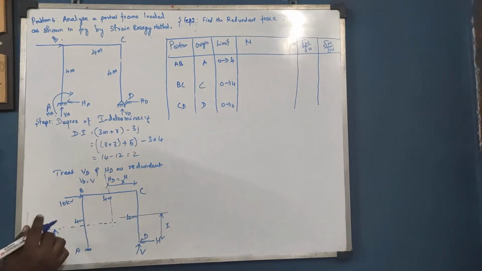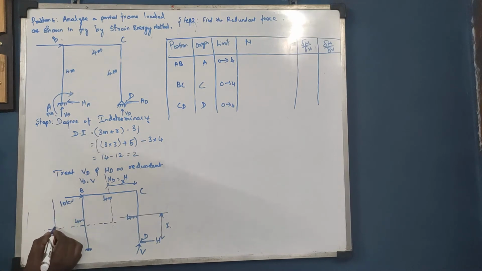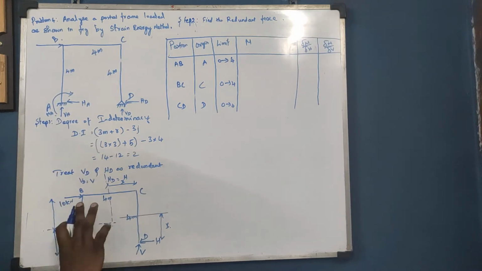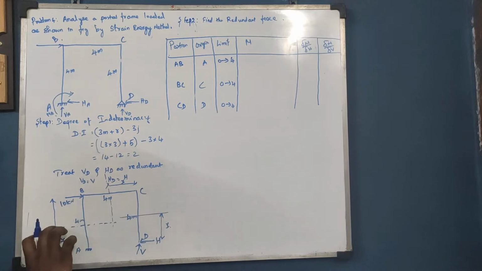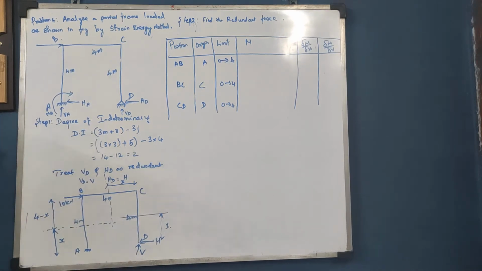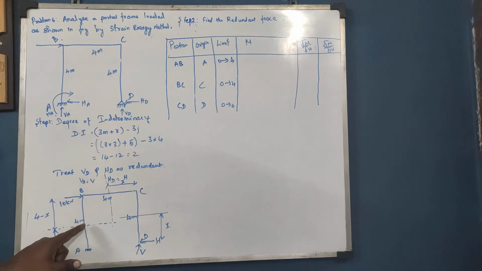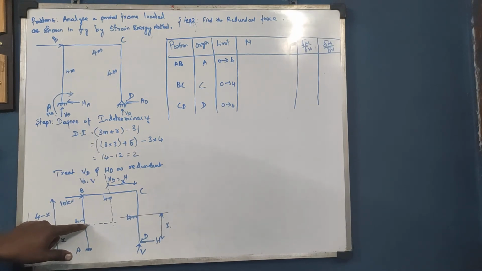If it is X, this distance is X, and the total distance is 4. Therefore, it is 4 minus X. Right? Now we have to calculate the moment at this first section.